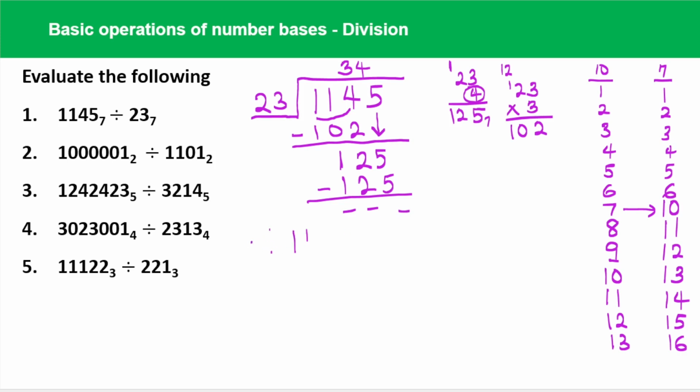Therefore, our answer to 1145 base 7 divided by 23 base 7 is equal to 34 base 7. So you can see here that our result for the second method is also the same as what we got initially using the first method. So this is how you perform your division using the second method.